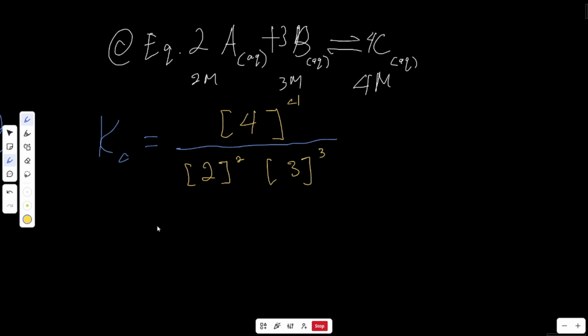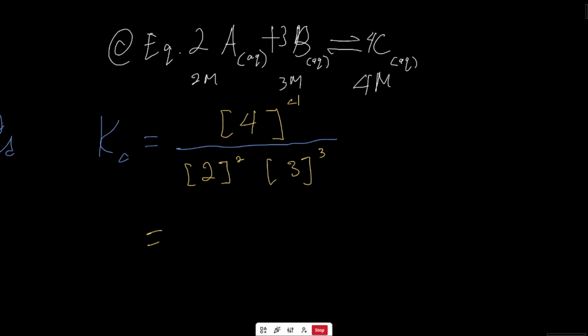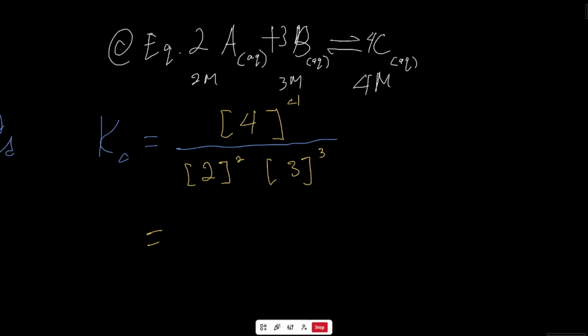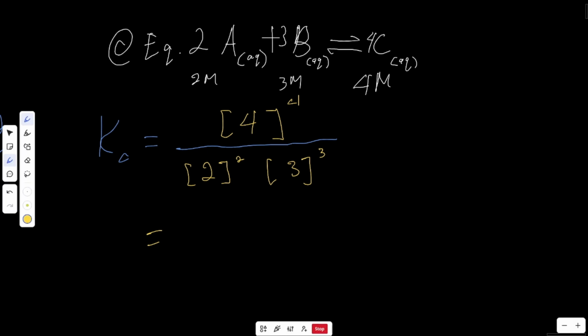If we simplify this, let me bring on my calculator. 4 to the power of 4 divided by that should get us 108.